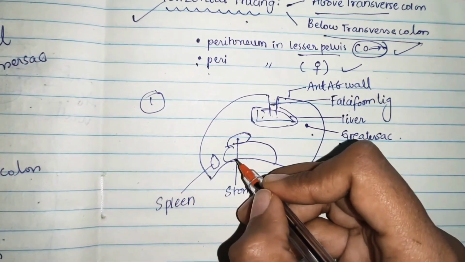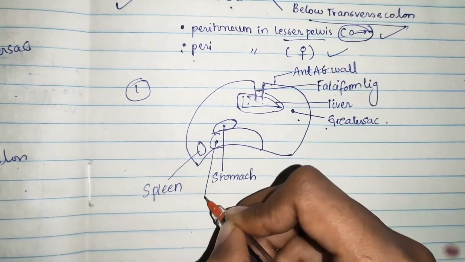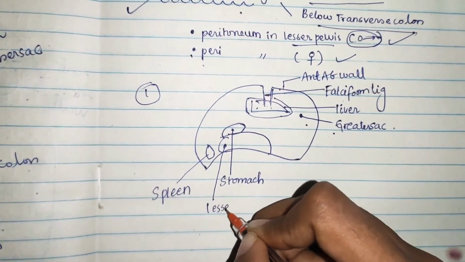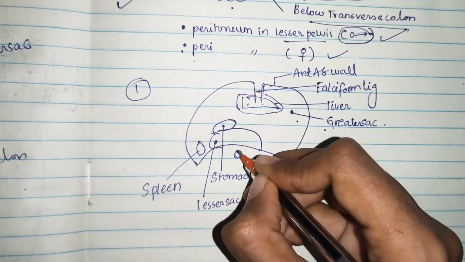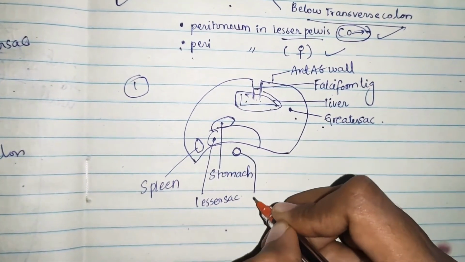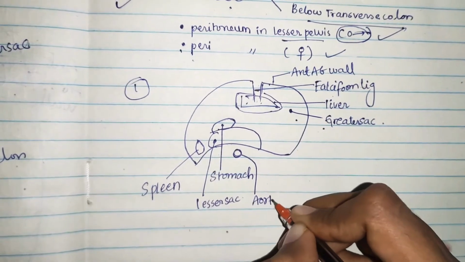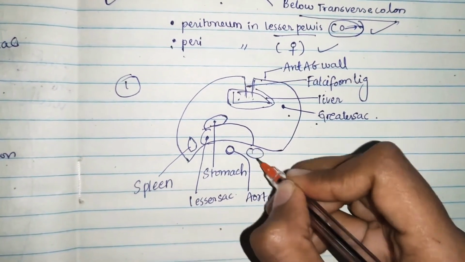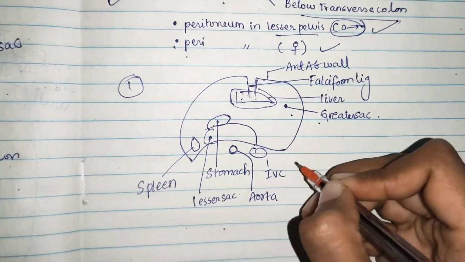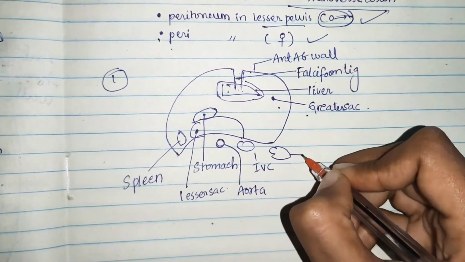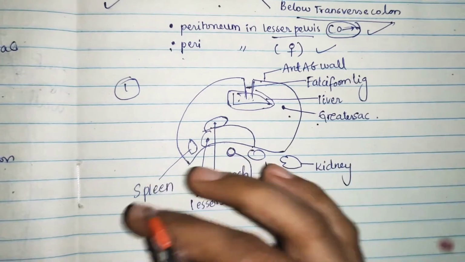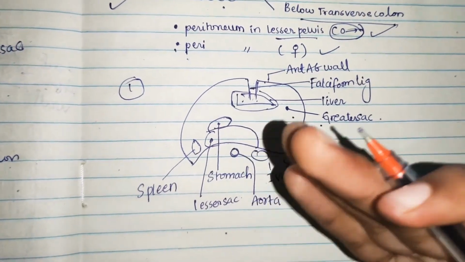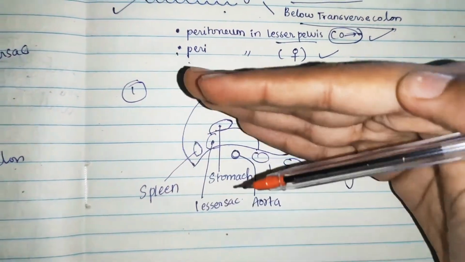This is a lesser sac here. Lesser sac, okay. Here you will also have aorta. Here you have inferior vena cava, IVC, okay. Here you have kidney. So these are all the surrounding structures if you take it in a horizontal section above transverse colon.